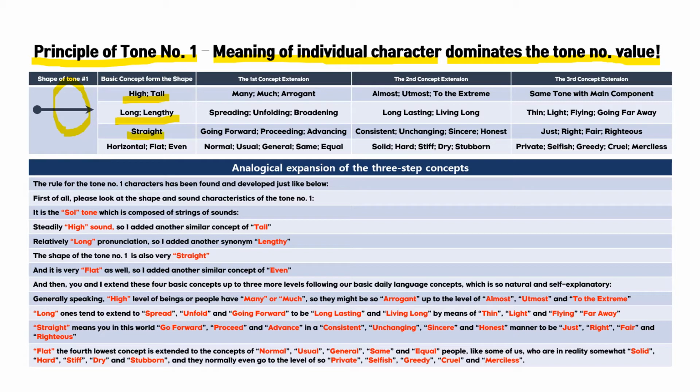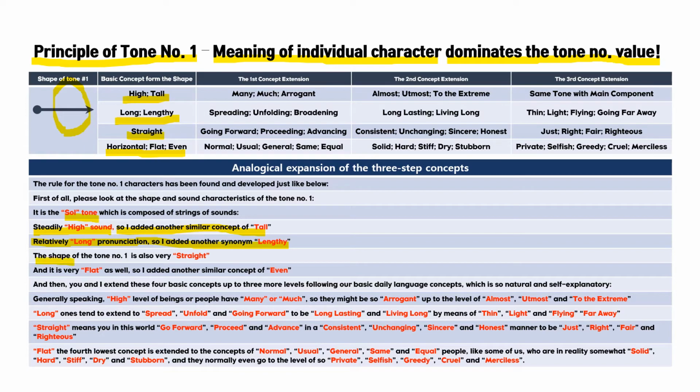It is shaped straight and horizontal and flat. It's sol tone, a steadily high sound, so I added another similar concept, tall. And from the shape of tone number 1, it's a relatively long pronunciation, so I added another synonym, lengthy.